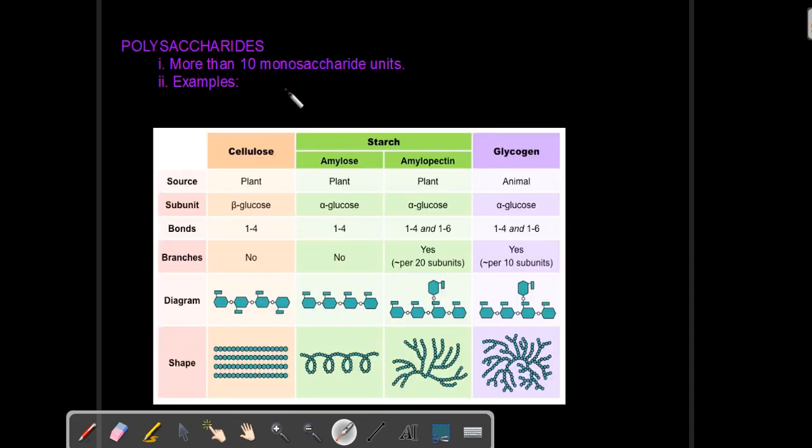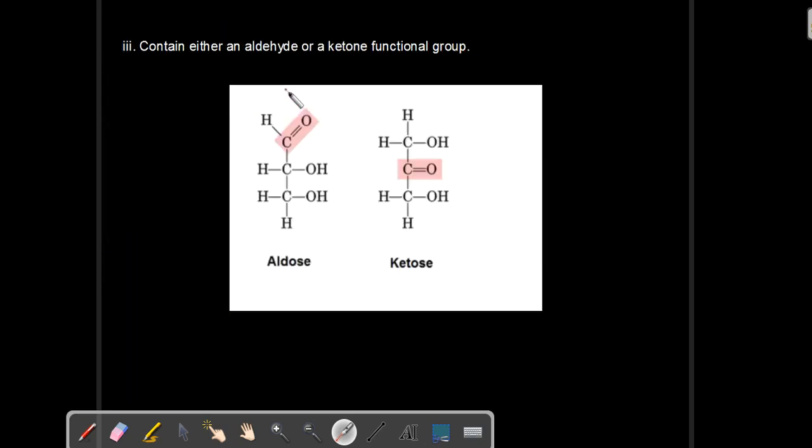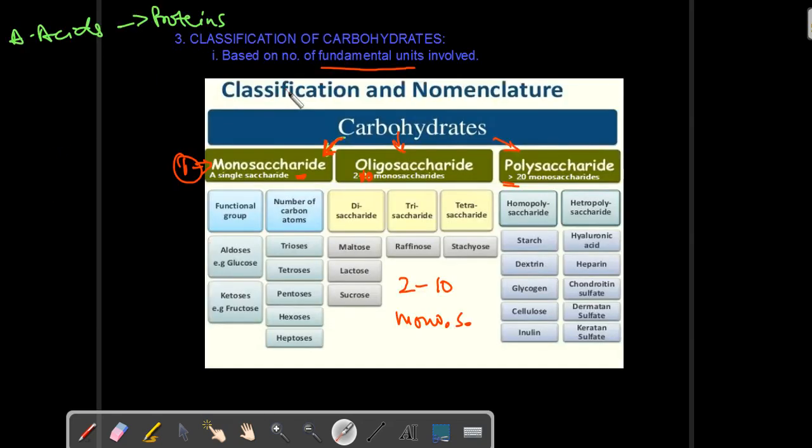Finally, moving on to polysaccharides, let us go back a couple of slides to see what polysaccharides are. Polysaccharides are made of more than 10 monosaccharide units bonded together via glycosidic bonds.